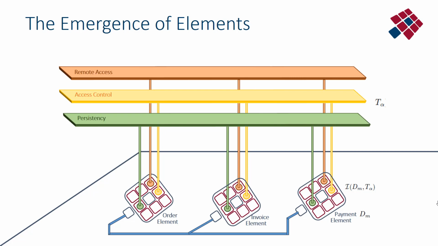So you need a technology agnostic interface. And this is what we call the emergence of elements, because for every functional entity, you don't only need a single software module, being the main class, implementing that functional entity, but you need a set of classes centered around this central class.